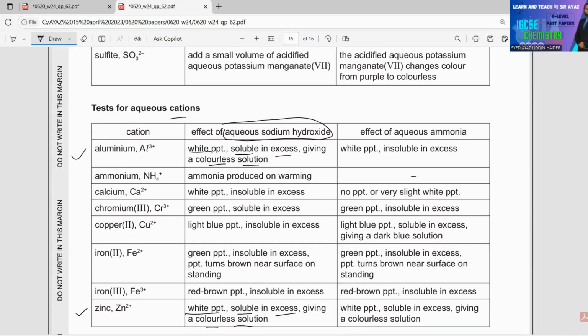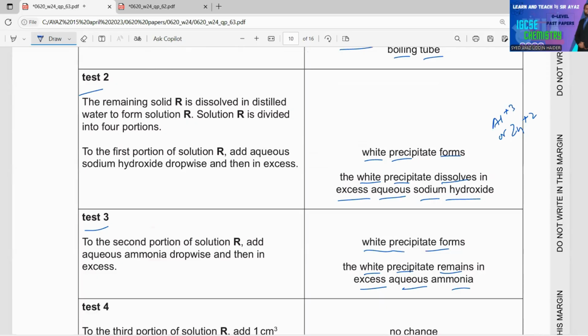You see the effect of aqueous ammonia on both Al3+ and Zn2+, and you will see that only Al3+ gives white precipitate which is insoluble in excess. It can't be Zn2+ because the white precipitate formed by Zn2+ will be soluble in excess, giving a colorless solution. So there's Al3+ ion.